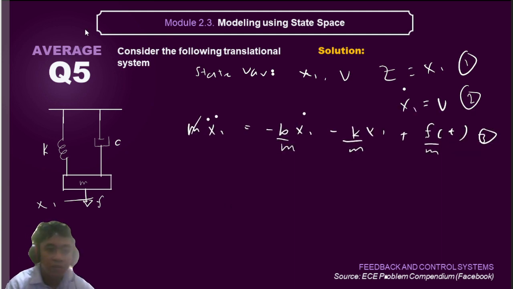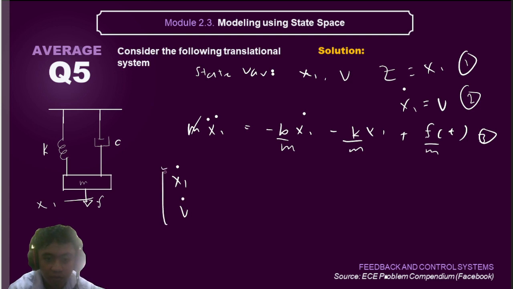Okay, so we are now going to write the state equation. The input state equation, we write it as the state variables' derivatives, which are x1 dot and v dot.